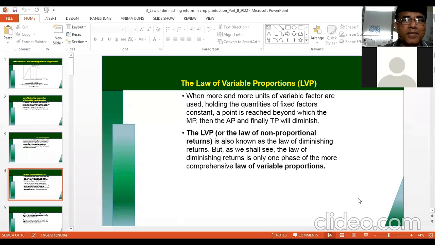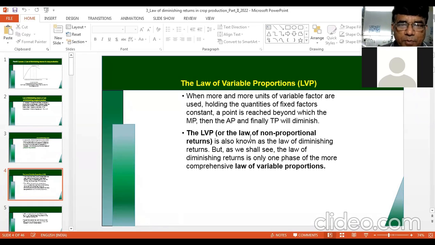Therefore, the law of diminishing return and the law of variable proportion are almost synonymous. The law of variable proportion includes all three stages. So you can see here, when more and more units of variable factors are used, holding the quantities of fixed factors constant, a point is reached beyond which the MP, then AP, and finally TP will diminish.